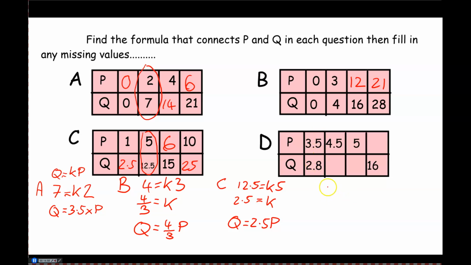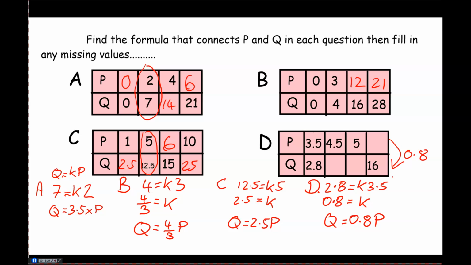Okay, and then the last one, it's going to be a fractional amount this time, so it's actually getting smaller. So we've got 2.8 is equal to K times 3.5. So K is equal to 2.8 divided by 3.5, which is 0.8. Okay, so now we've got Q is equal to 0.8 of P, just by putting the numbers in the formula. So we're basically just timesing by 0.8, another way of remembering it.